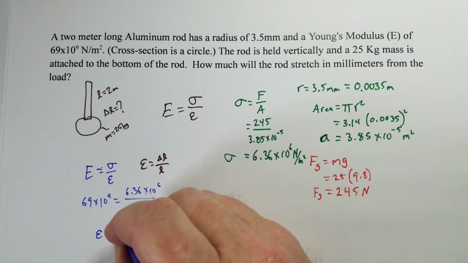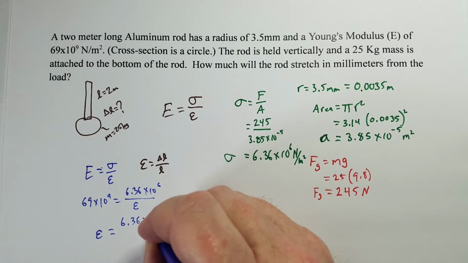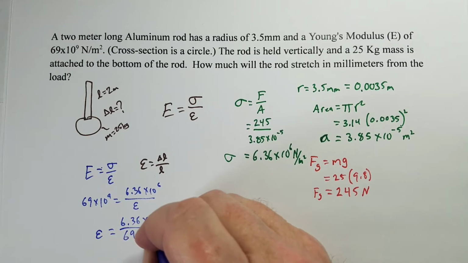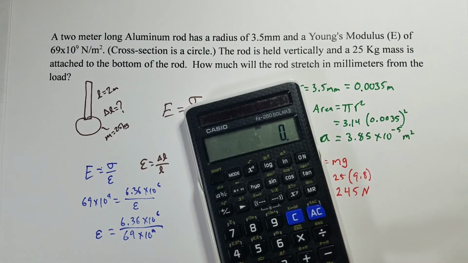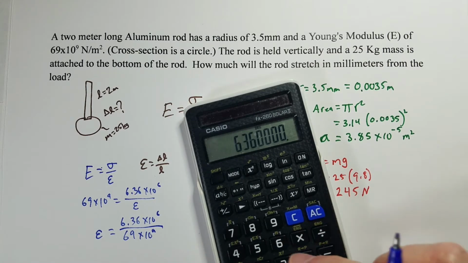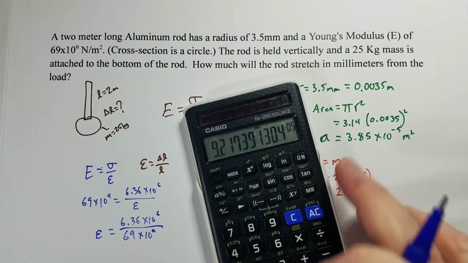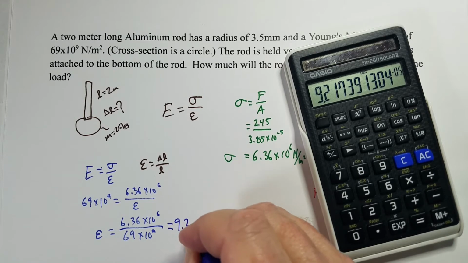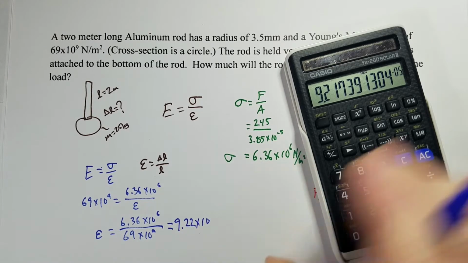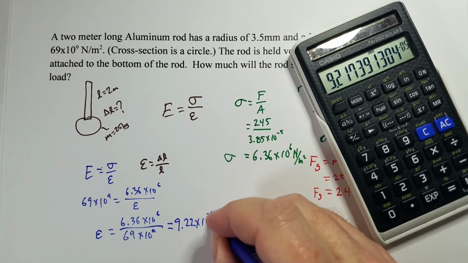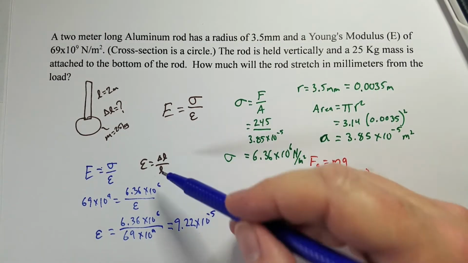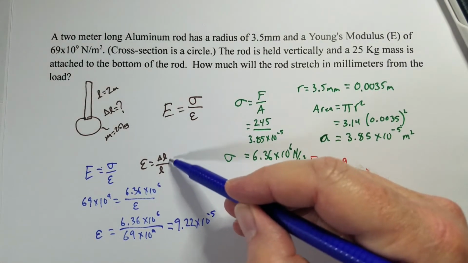Epsilon comes out 6.36 times 10 to the 6th divided by 69 times 10 to the 9th. Let's see what we get. That gives us epsilon of 9.22 times 10 to the minus 5. And that's a pure number. It doesn't actually have a unit because we're taking a length divided by a length. So the units actually cancel.